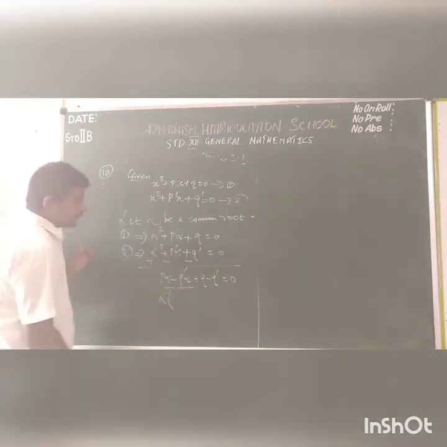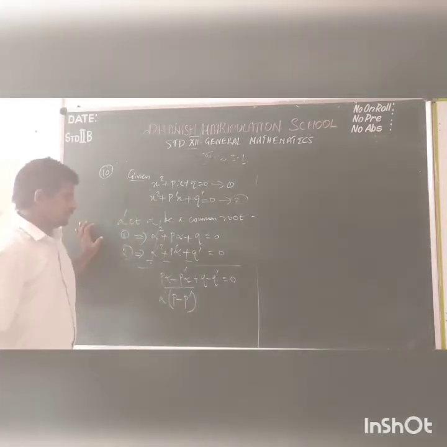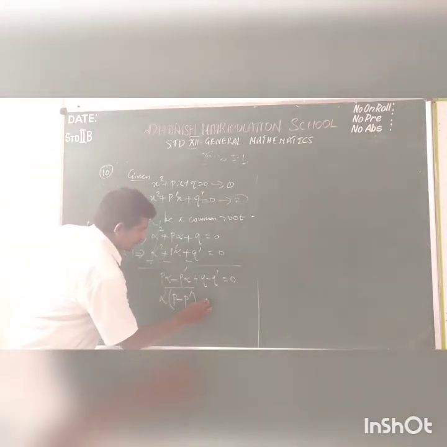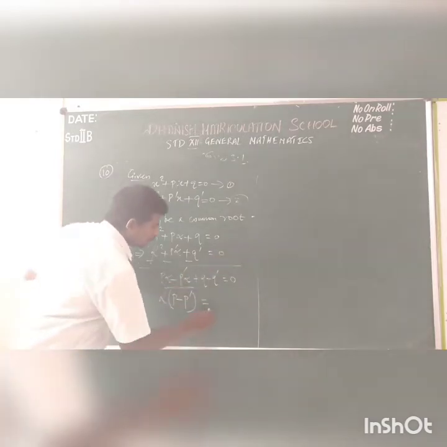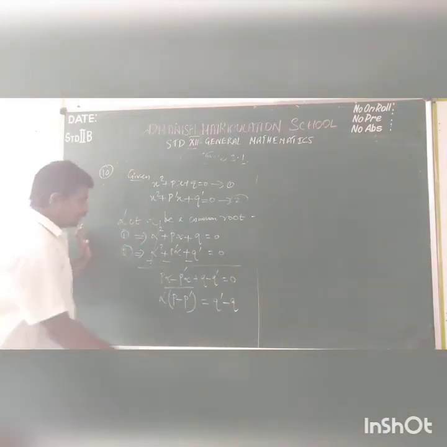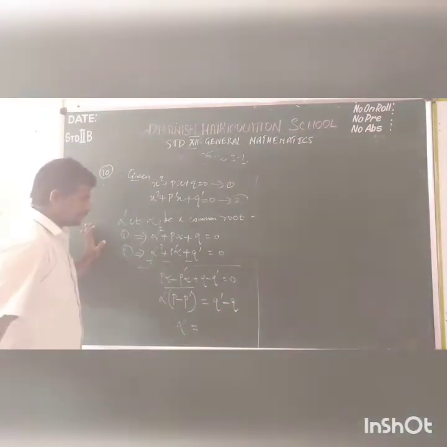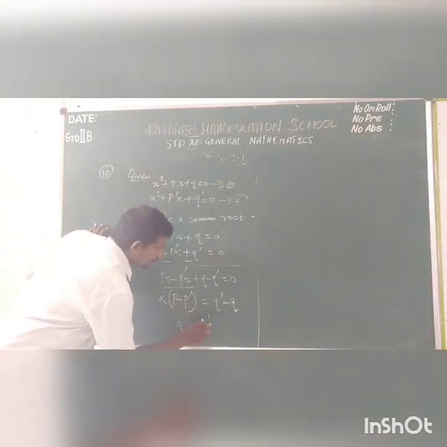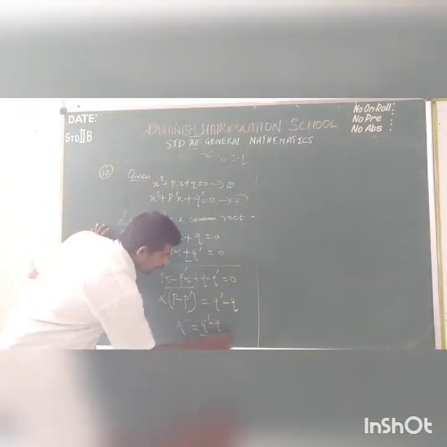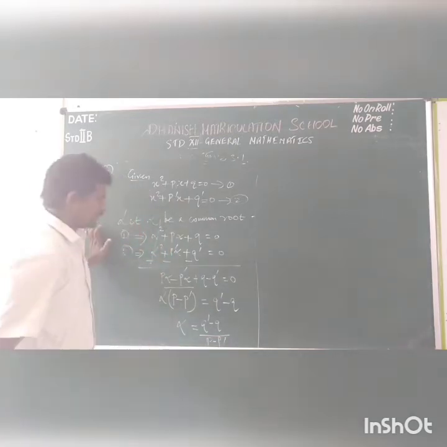So alpha into (p minus p dash) equal to, now I'm going to bring these two terms into the right side. So it will become q dash minus q. We need the common root alpha. So alpha equal to (q dash minus q) divided by (p minus p dash).